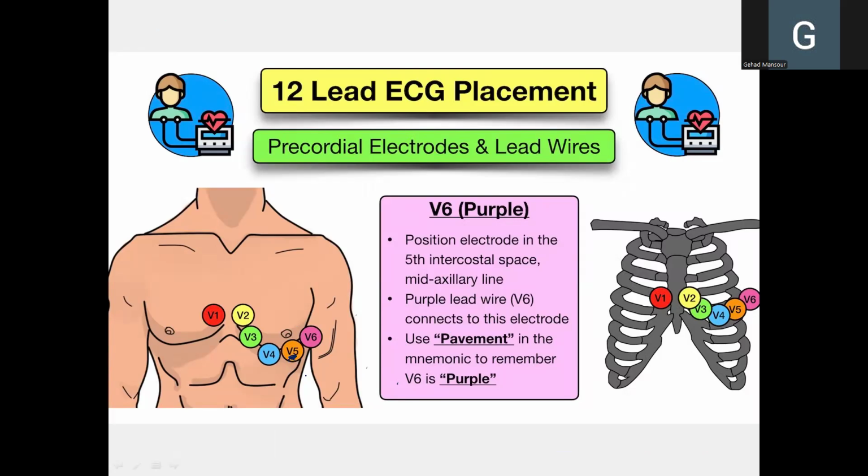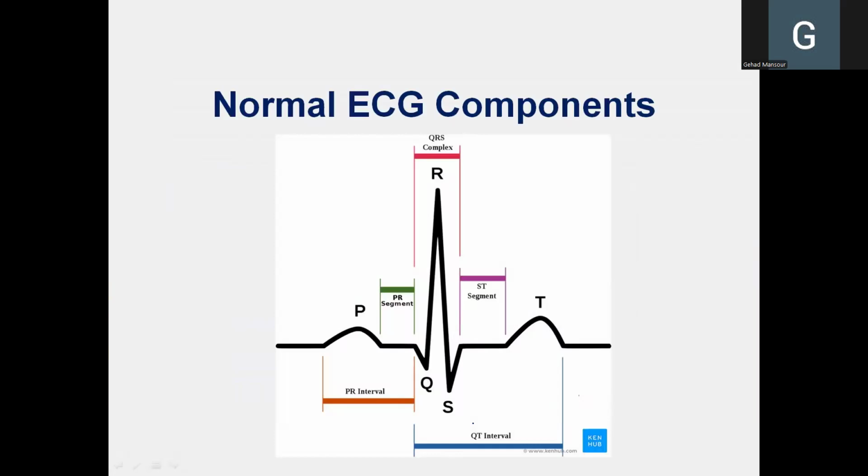You needn't know, it's not like the auscultatory areas, you needn't know them by heart, but you can see that V4 is internal to V5, but at the same level in the 5th intercostal space, and then you have V3, V2, and V1 are opposite to each other. I'll never ask you about the detailed spaces where you adjust the electrodes.